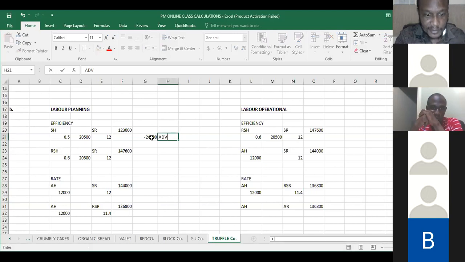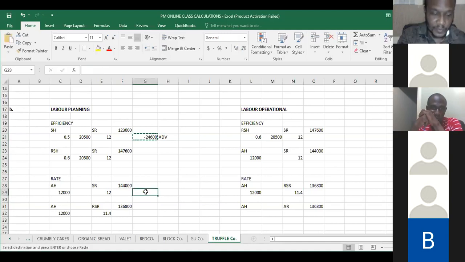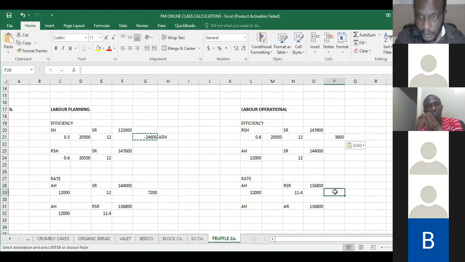Same thing for everybody. Right, so same here and same there. Of course, our rate variance is nil again. Wow, that's the second time this is happening. Are you seeing what I'm saying?